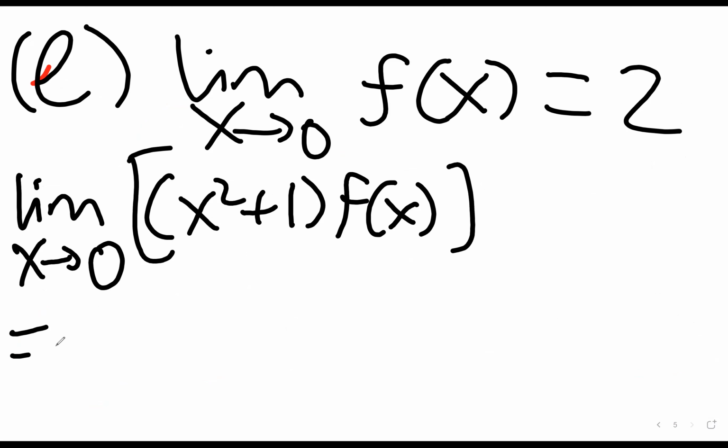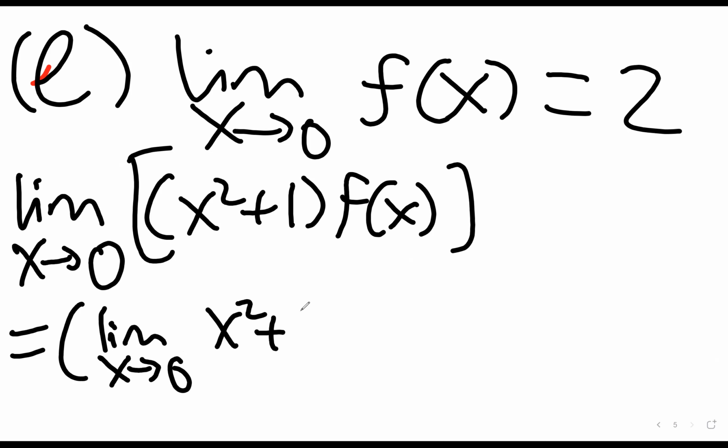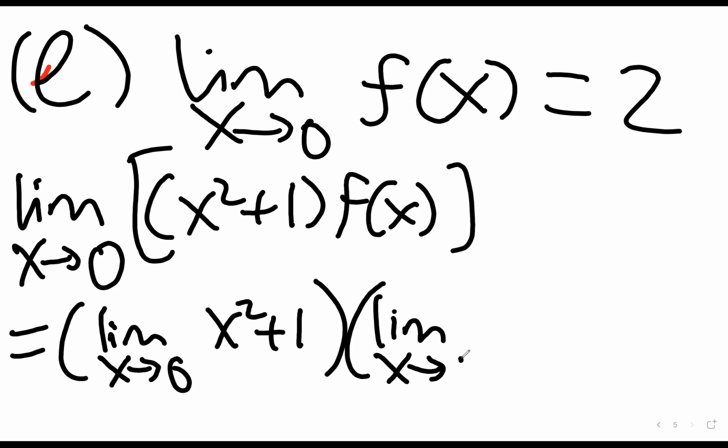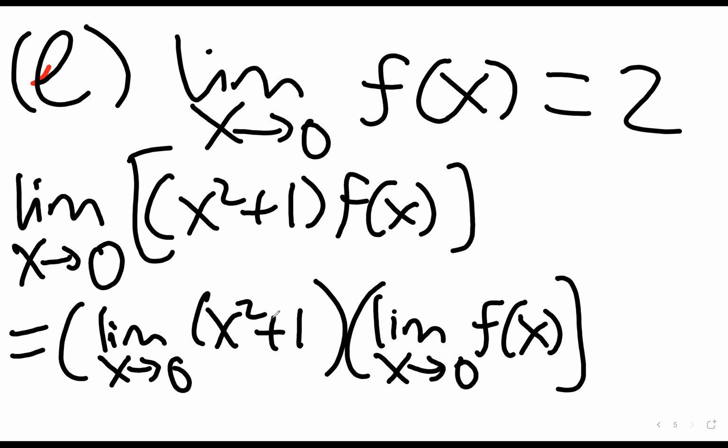We just multiply the limit as x tends to 0 of x squared plus 1, that's the first term, by the limit as x tends to 0 of f of x. The first limit is 1, the second limit is 2, so we get 2.